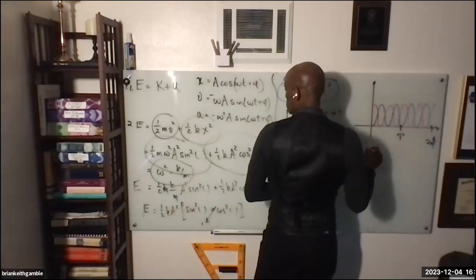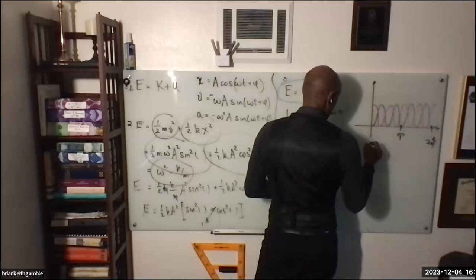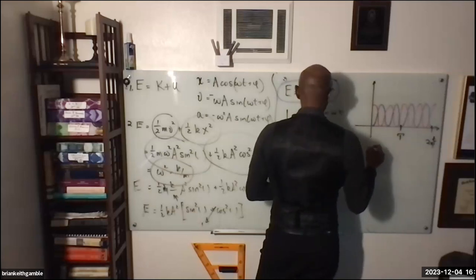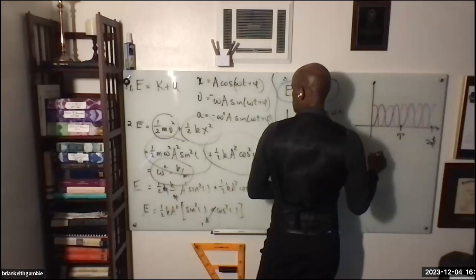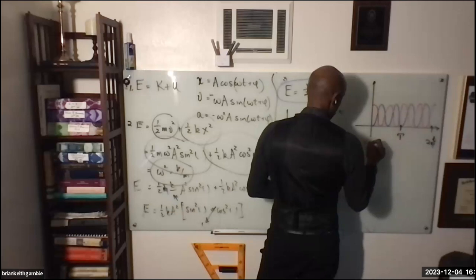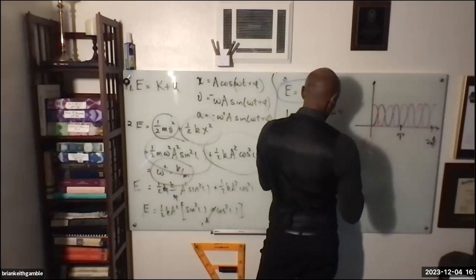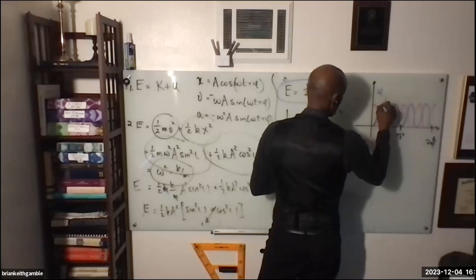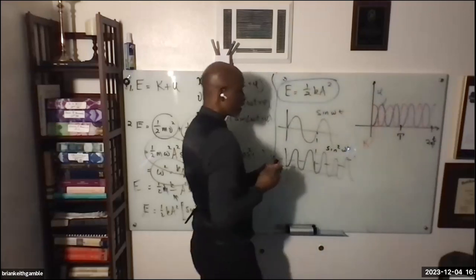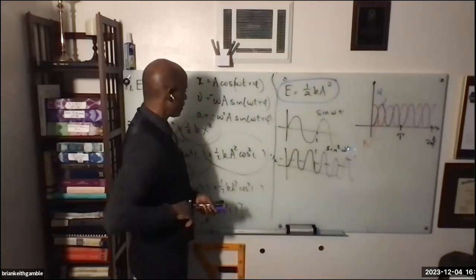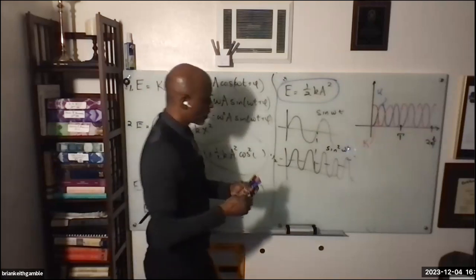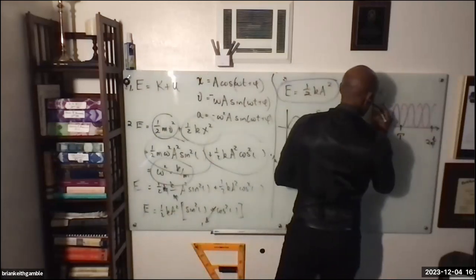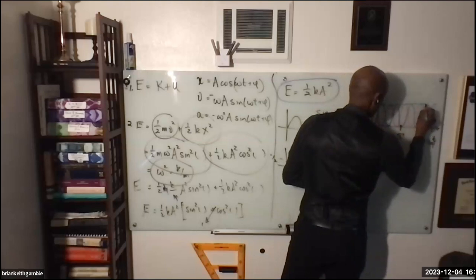Cosine squared is velocity, so this is the kinetic energy. Yeah, just K. So K is this side, and then the potential energy is this thing. But the total mechanical energy is always going to be this, 1/2 k a squared. So the total mechanical energy is just a line, it's a constant.